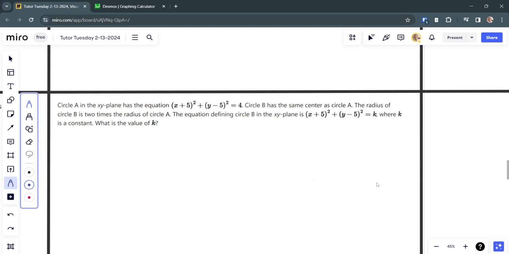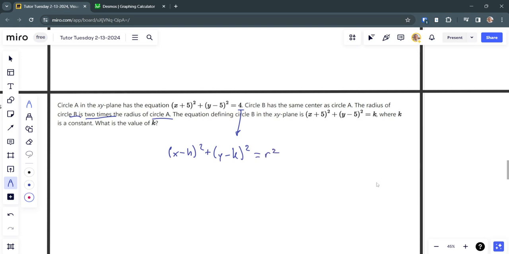So if circle B has a radius 2 times the radius of circle A, well, first we have to identify the radius from this first equation. The circle equation is always in (x minus h) squared plus (y minus k) squared equals r squared form.